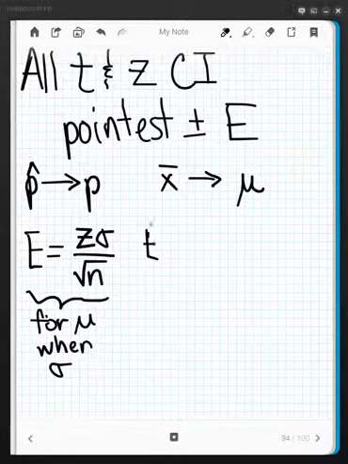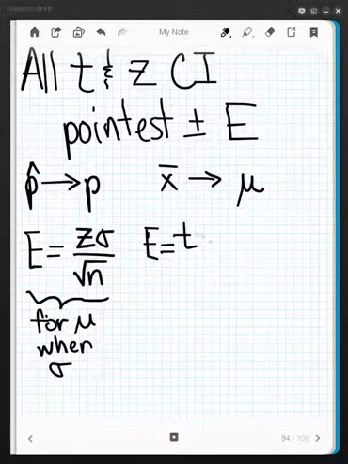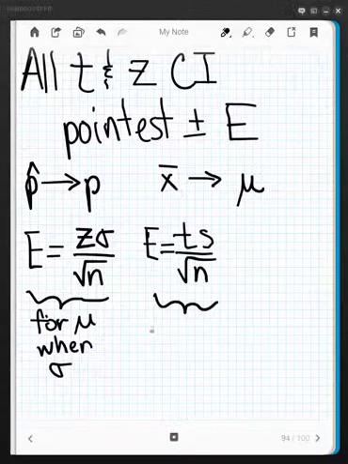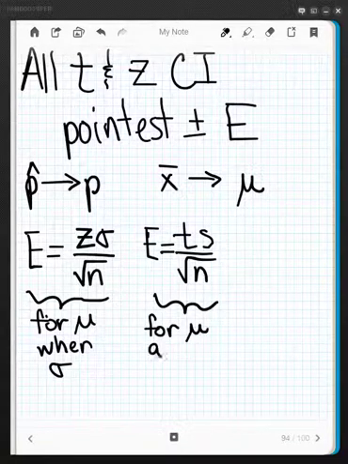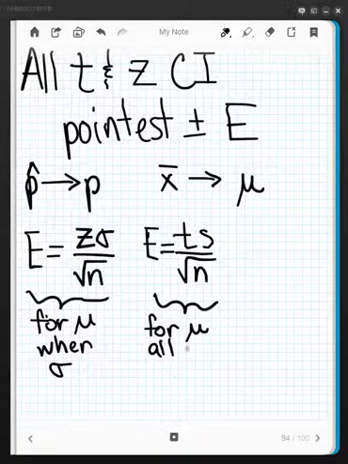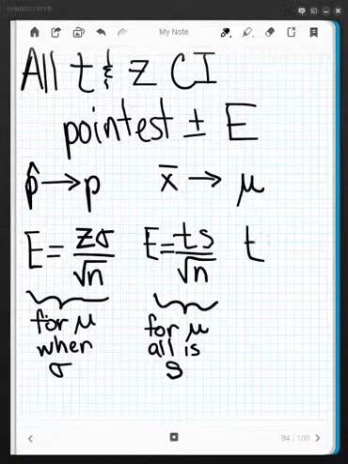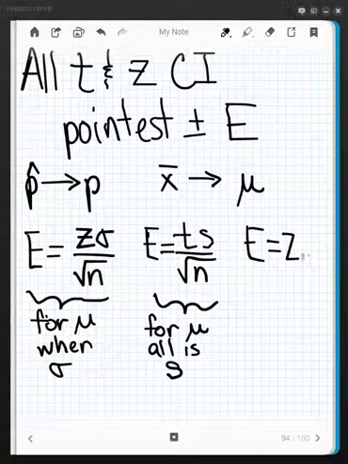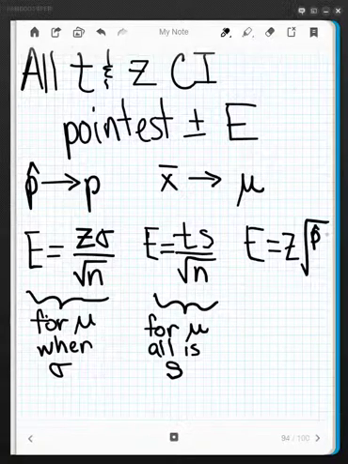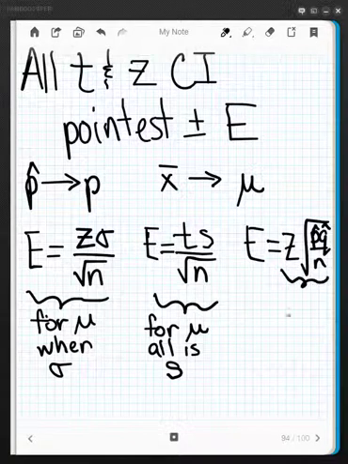It looks like a t with an s and a square root of n when we're estimating for mu again, but all we know is s. And finally, it looks like a z with the square root of p hat q hat over the square root of n when we're estimating for p.